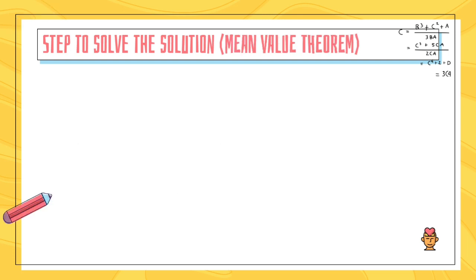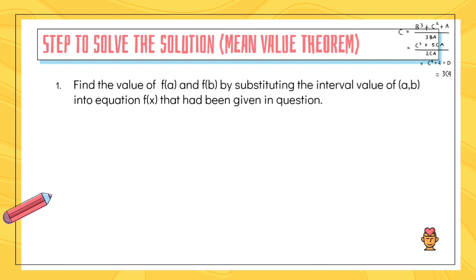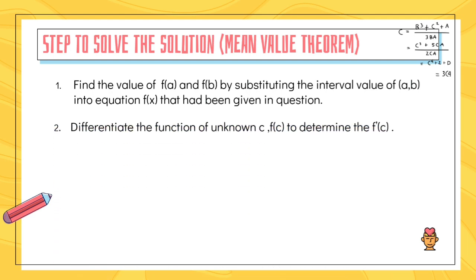Next are the steps to solve the mean value theorem. The first step is to find the values of f(a) and f(b) by substituting the interval values of [a, b] into the equation f(x) given in the question. Second step, differentiate the function of unknown c, or f(c), to determine f prime c.